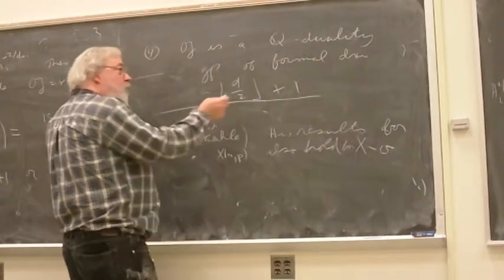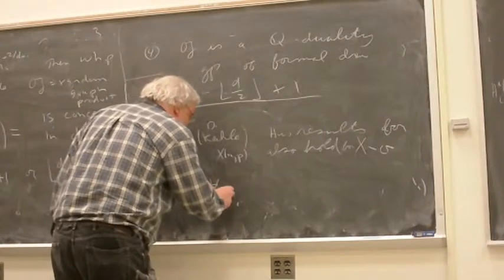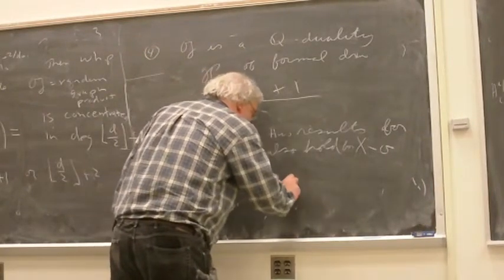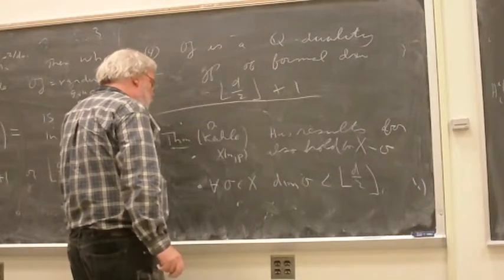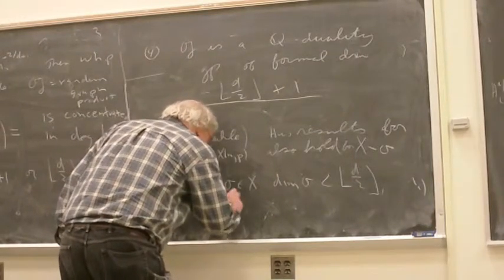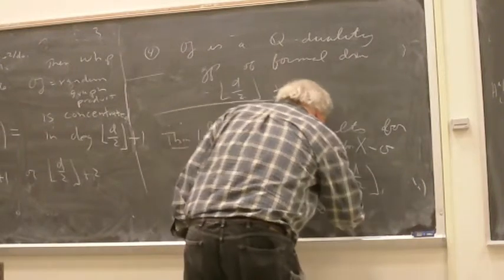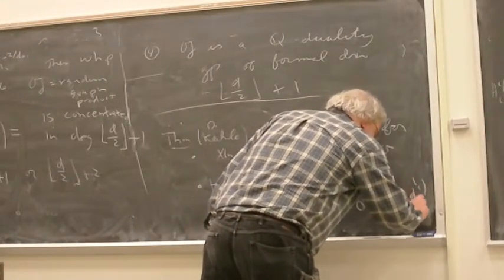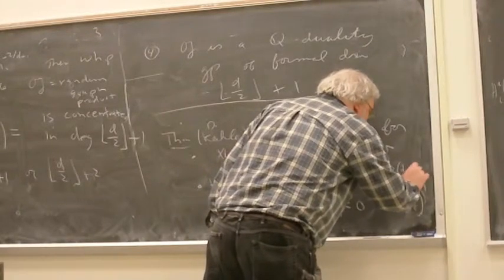That's one. The other thing, if I had done these things about links, another fact is that we had to prove that for any simplex sigma whose dimension is less than half the dimension, the homology of the cone on the link of sigma is 0 in degrees less than d over 2, then I want to put in something like minus 2 times the dimension of sigma plus 1.